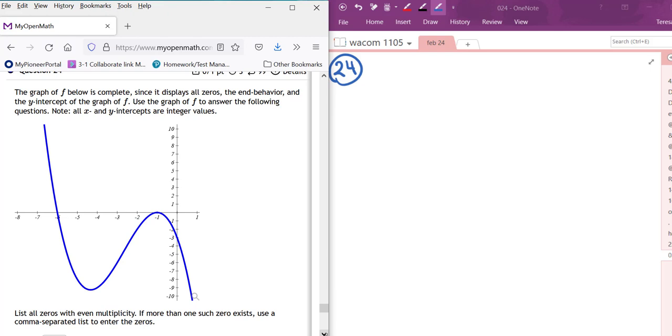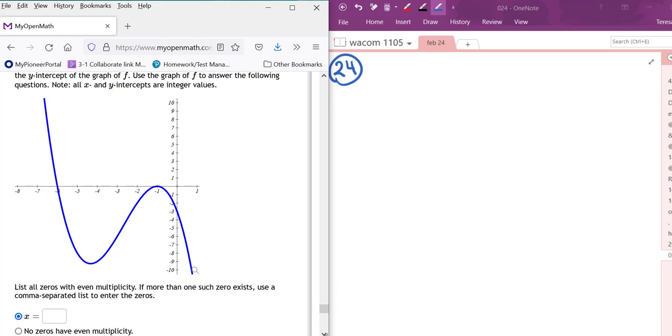So it displays all zeros, the end behavior, and the y-intercept of the graph of f. Use the graph of f to answer the following questions. And it does tell us that all x and y intercepts are integers, which is helpful.